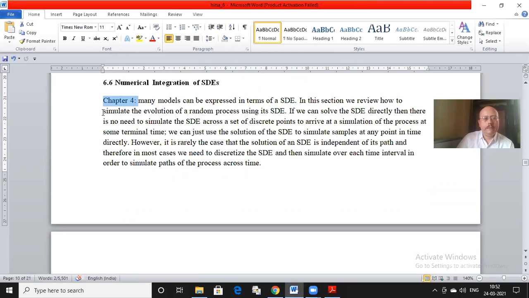Now, in this section 6.6, we will review how to simulate the evolution of a random process using its stochastic differential equation. So the SDE actually gives the data generating process for the random quantity under study, which is typically the price.